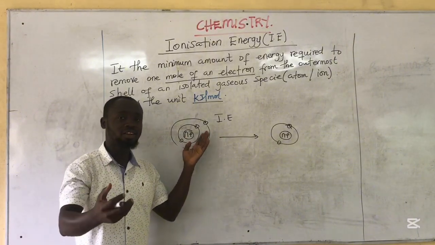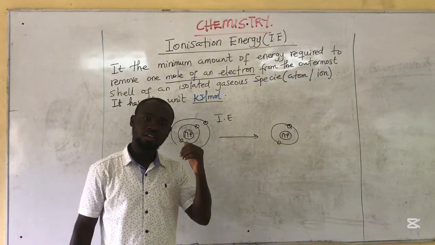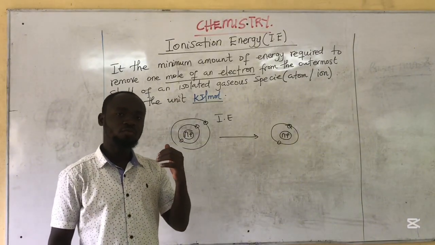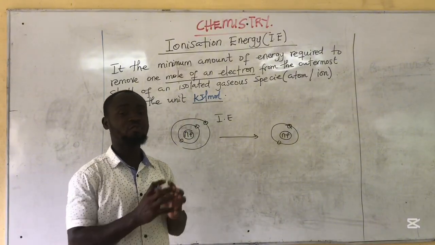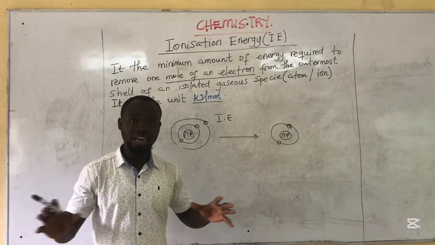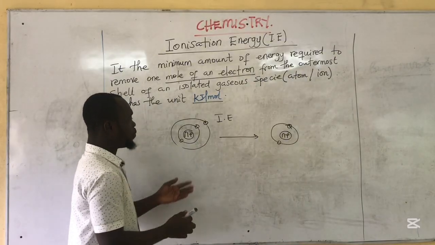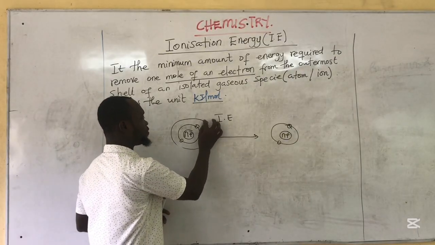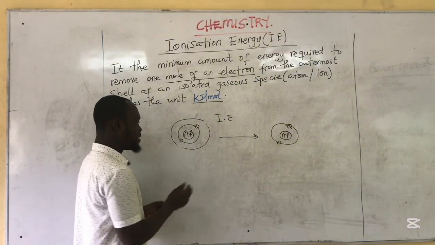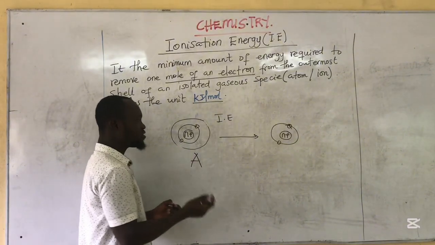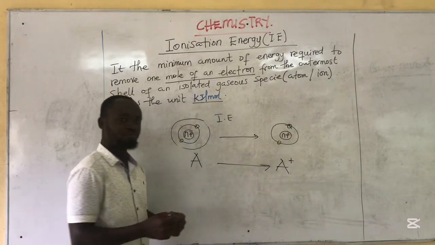And one thing is that once an electron is removed from the gaseous outermost shell of an atom or an ion, it leads to the formation of a cation. Is that okay? So in this example, once I remove this electron here, it means that this atom, let's say it's named as atom A, this atom will change into A plus.